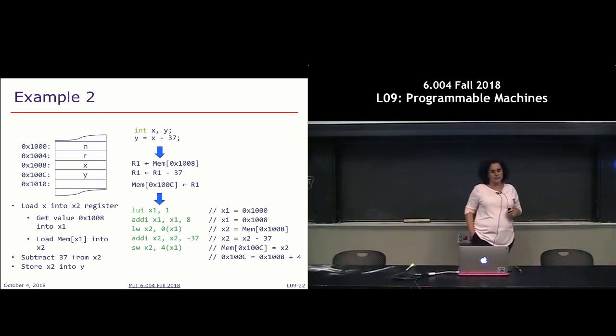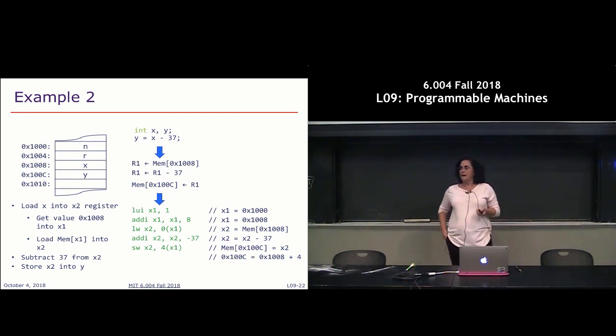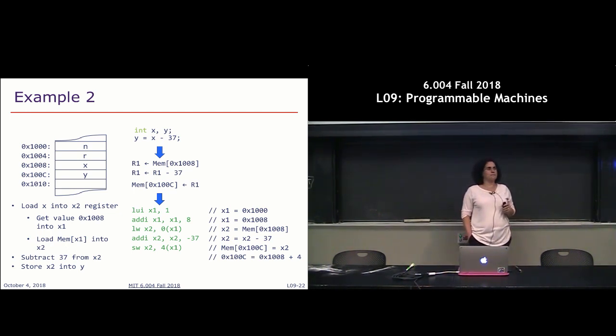Let's say we're going to load it into x2. And in order to do that, we first have to get the address of x, which is 1008, into some other register. And then we need to load the contents of memory pointed at by this other register into this x2 register. So it's actually going to take us a combination of a few instructions in order to get that x variable into a register.